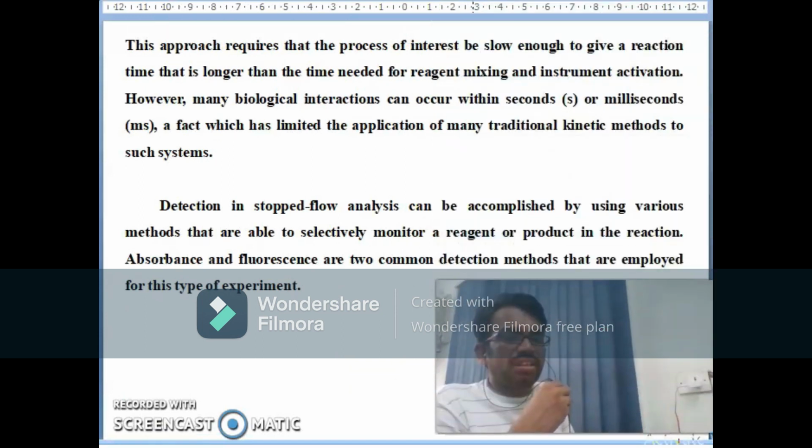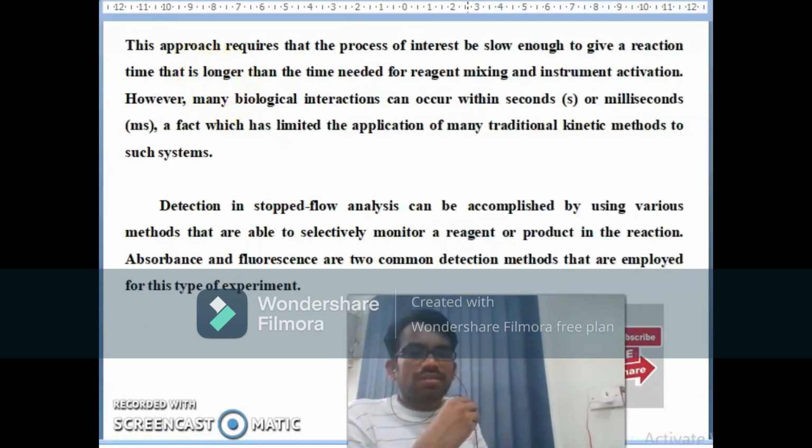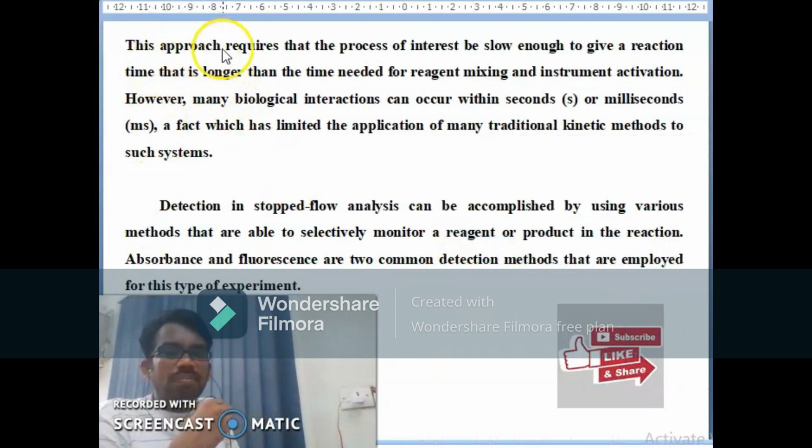This approach requires that the process of interest be slow enough to give a reaction time that is longer than the time needed for reagent mixing and instrument activation.